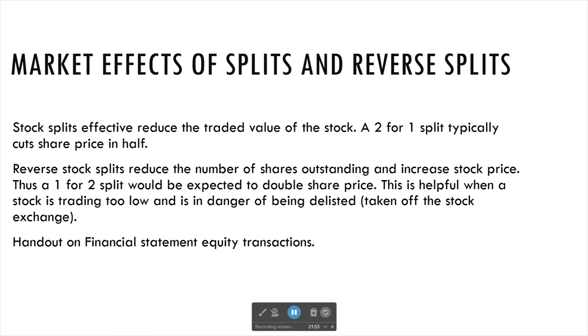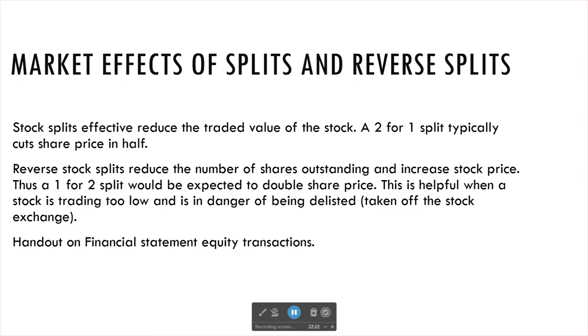But let's say you wanted to change that. Let's say instead of cutting the price in half, you would want to increase it. Now you're going to say, well, why would you increase? You've told us before the reasons for reducing. Why would you ever want to increase? Well, the stock exchanges have rules, and the rules say that if the stock price gets below a certain amount, it's no longer traded, and it's delisted is what they call it.